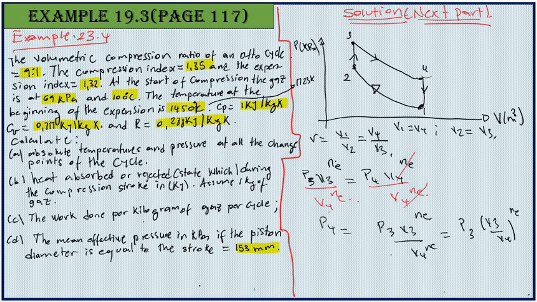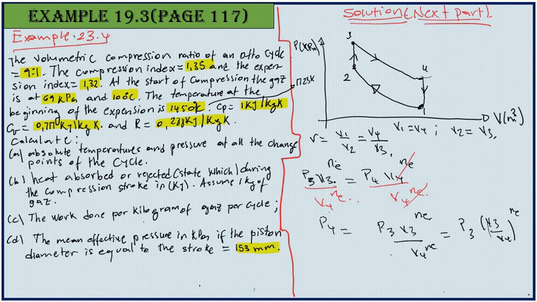Now we can see that V3 over V4 represents the compression ratio. It's also called the volumetric ratio. That is the benefit of using this relation here.